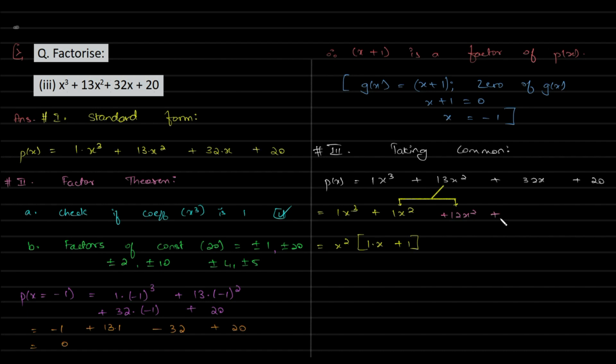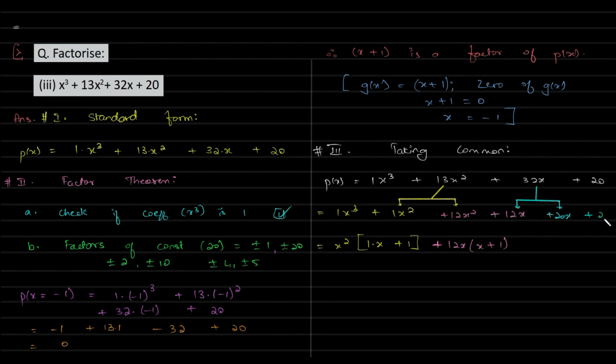So what is the next term which should go along with 12x square so as to take common and get x plus 1? This has to be 12x. So plus 12x is your common, and you have x plus 1. And the next step: what should we add to 12x that will give you 32x? Plus 20x, right?